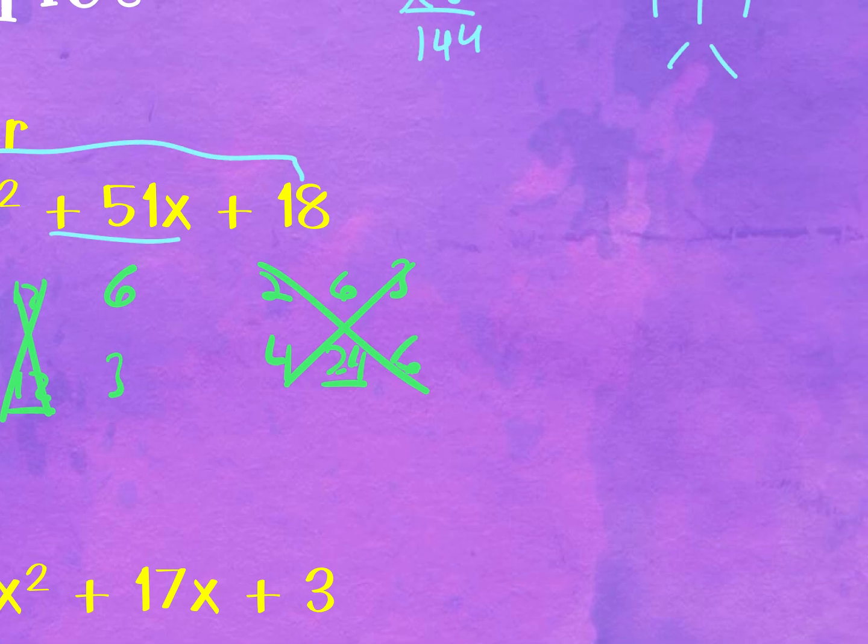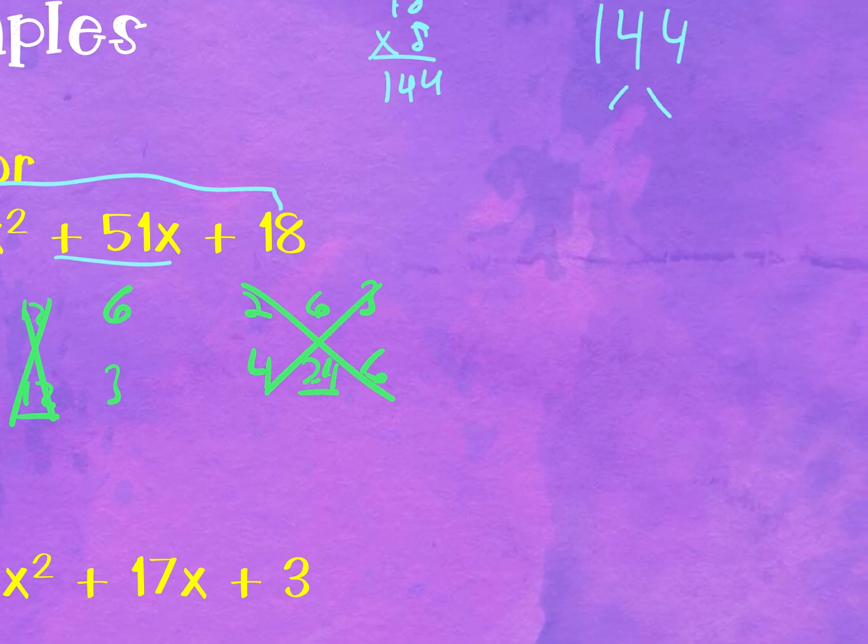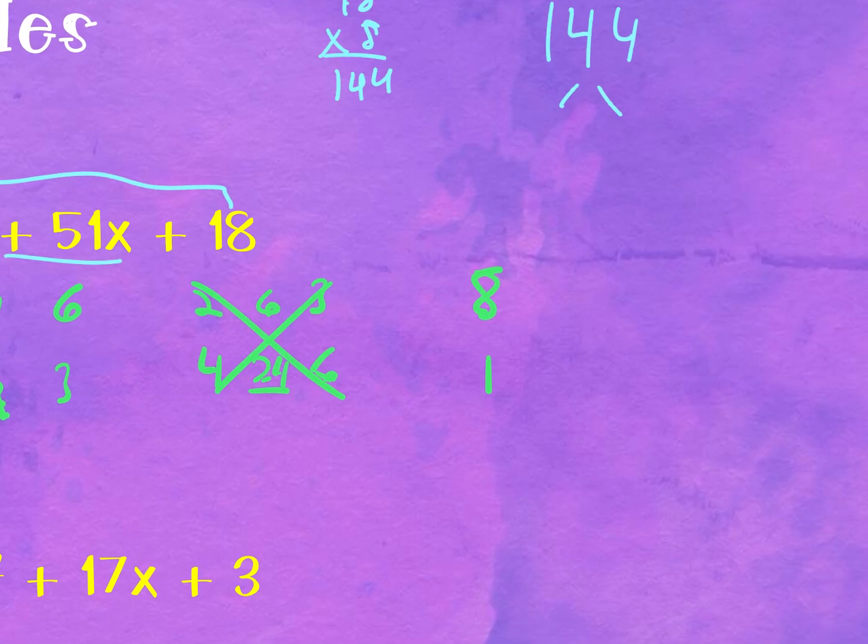What are other numbers that multiply to 8? 8 and 1. Okay, yeah, we can try 8 and 1. And let's stick with the same numbers. Let's try 6 and 3. So I'm going to do 6 and 3. 8 times 6 is what? 48. 1 times 3 is what? 3. Add these together, what does that get you? 51.